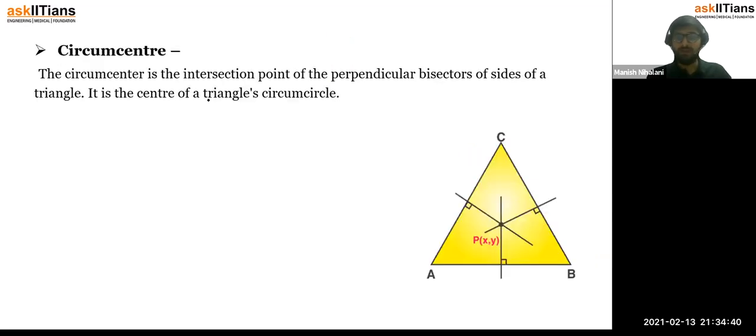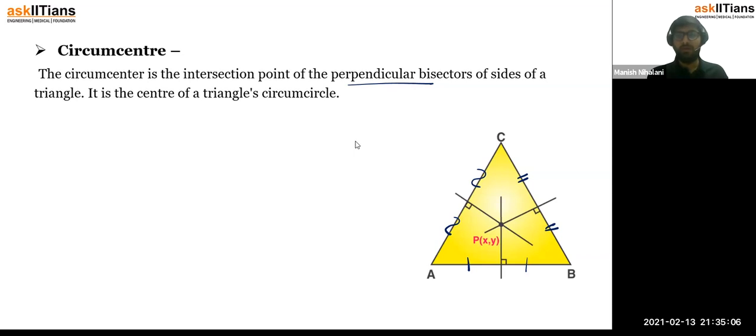Then we have the circumcenter. The circumcenter is the point of intersection of the perpendicular bisectors. What do you mean by a perpendicular bisector? It is a perpendicular that also bisects the side, so these lengths are equal. This point of concurrence is called the circumcenter.